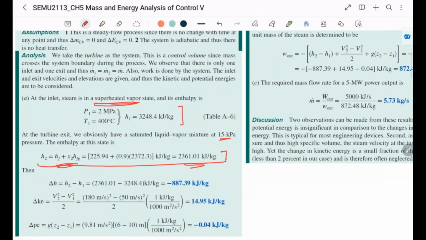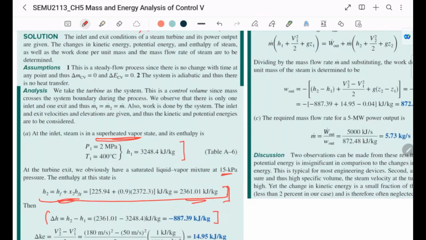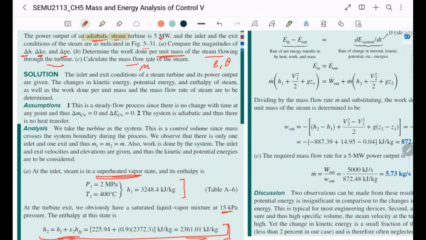Then you'll be able to find out H2. So the change in the enthalpy is basically this. That's what the question wants us to find out, the change in enthalpy.